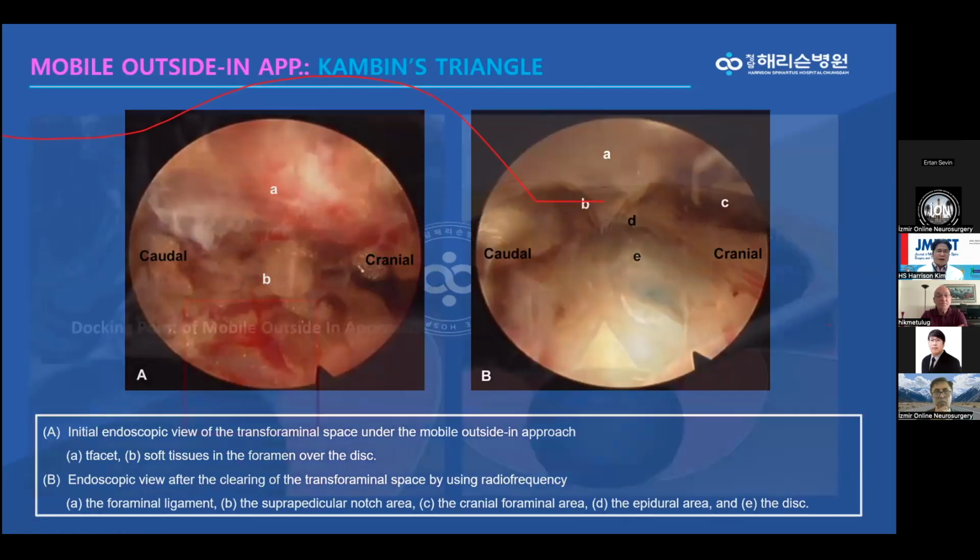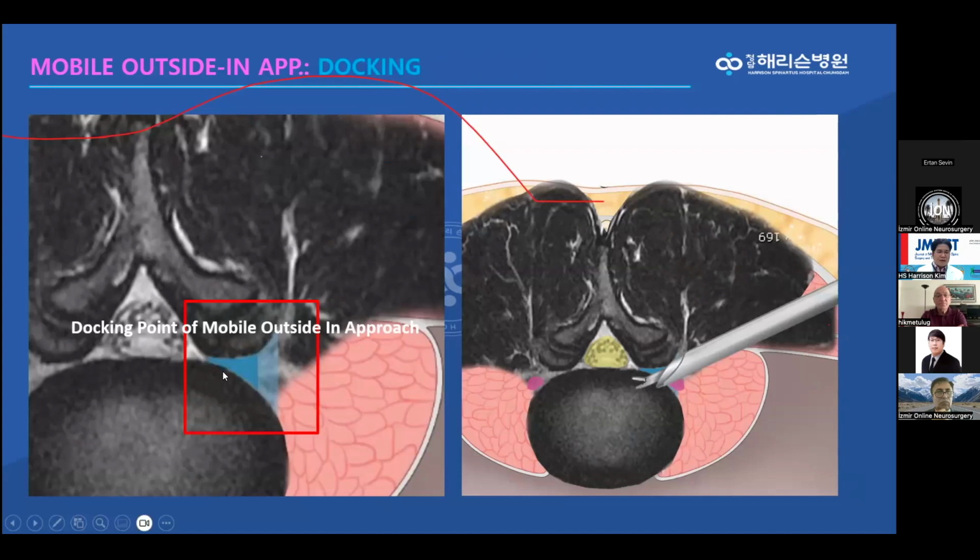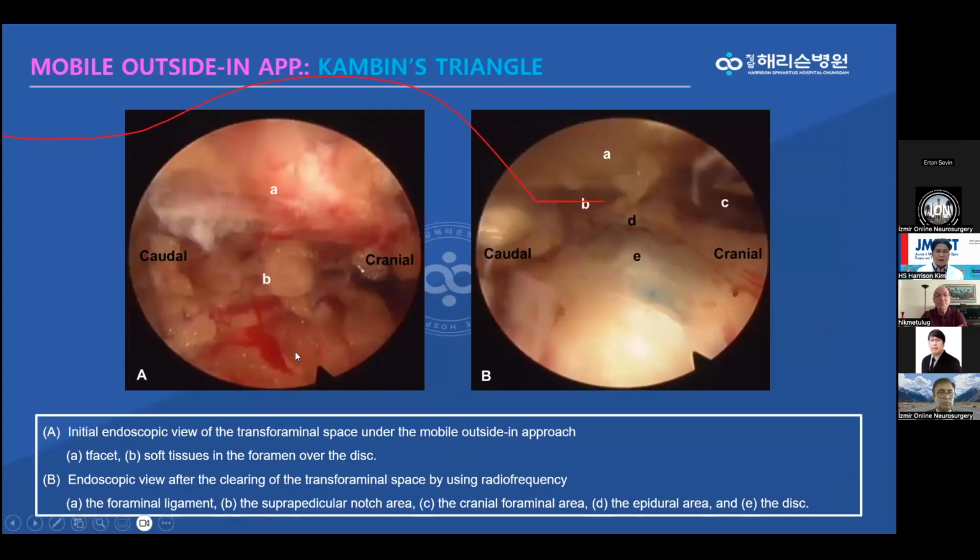Knowing this anatomy is very important. Intraoperatively, we see this configuration, and understanding it also gives some tips for learning the outside-in and mobile outside-in technique.